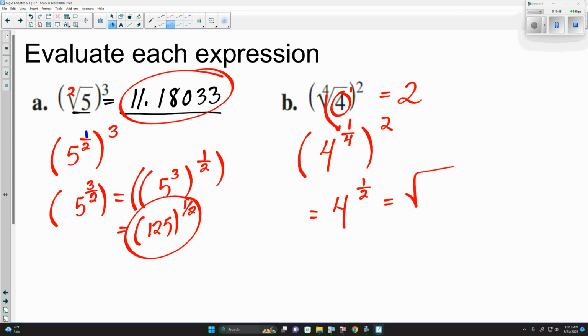The 1/2 exponent is the same as the square root. Our index would be 2. The power of 4 is 1. And the square root of 4 is 2. Now we don't necessarily need to write the 2 for square roots. It's understood, but we can if we want to.